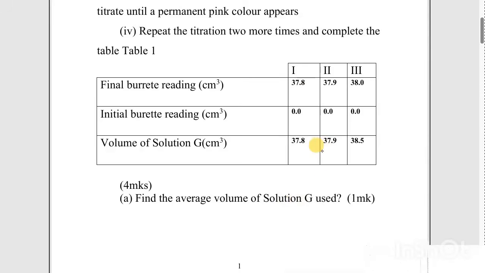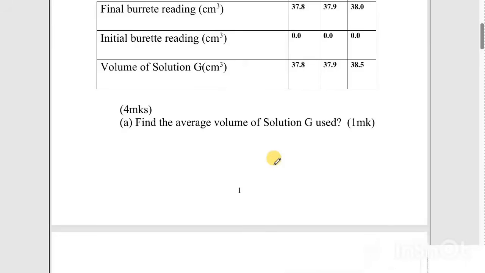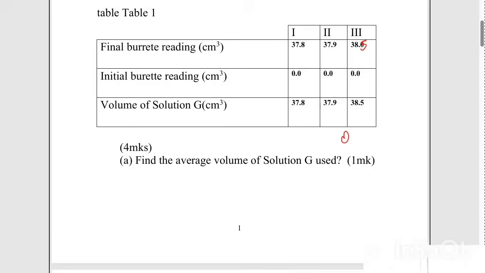In my table, I have the volume. I've always told you, for the initial use 0.0, 0.0, 0.0, and this is my volume. So let's get the average volume. Since this is plus or minus 0.2, when you look at this one, the difference from here up to here is very big.